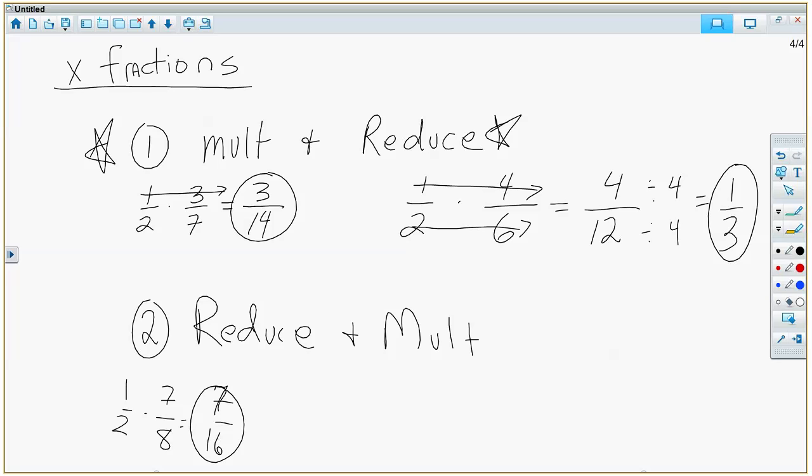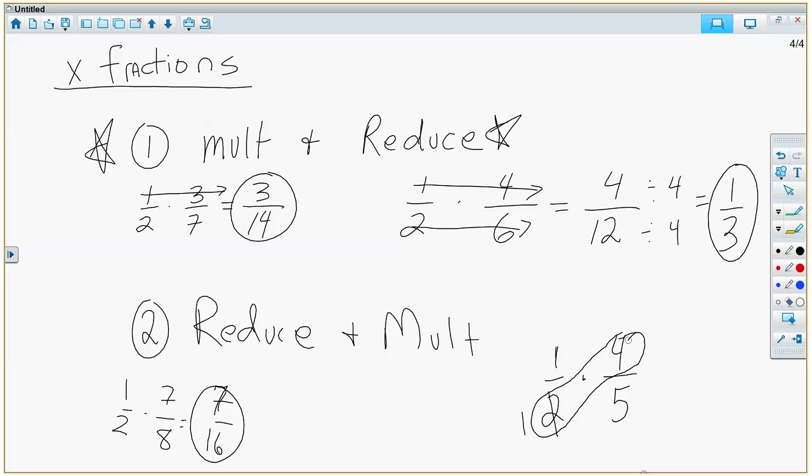All right? So what's one that reduces? Here's one. 1 over 2 times 4 over 5. Now, I can't cancel anything here. I can't cancel anything here. But I can cancel what? The 2 and the 4. 2 will go into 2 how many times? 1.